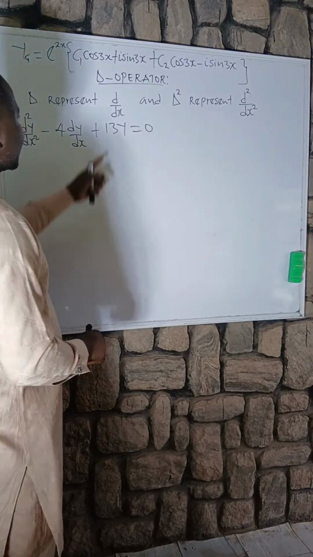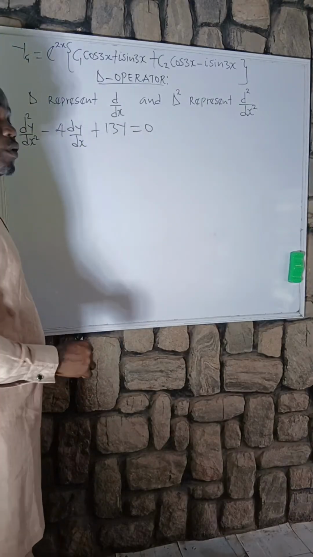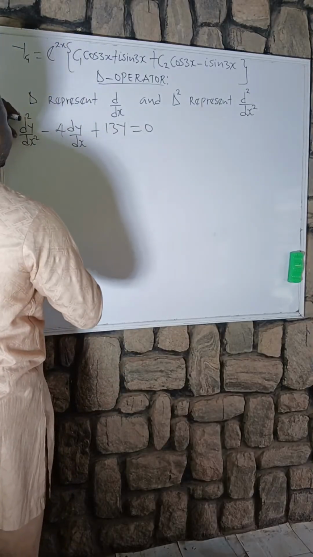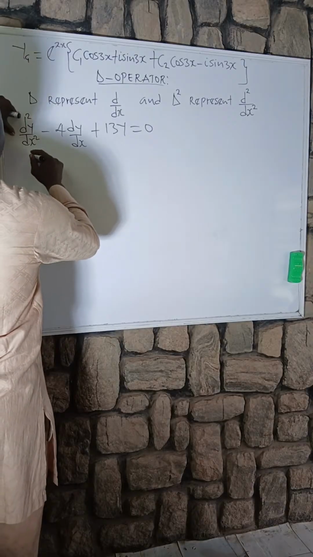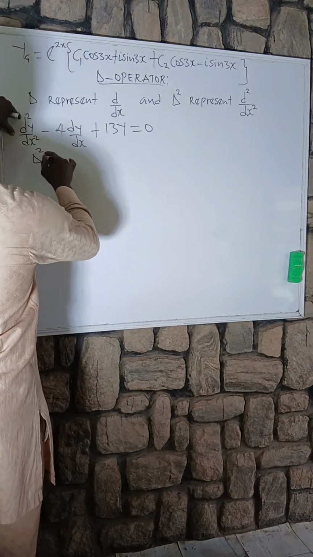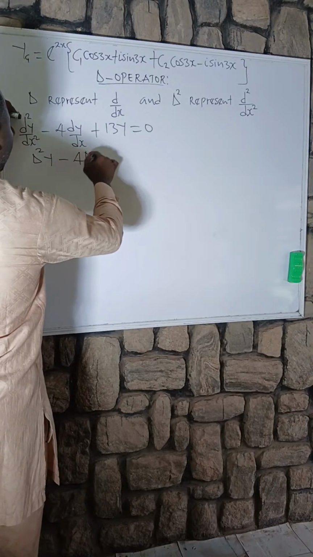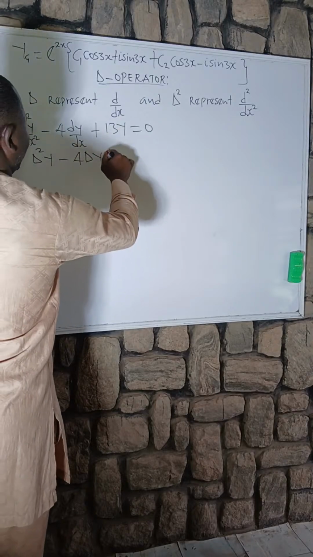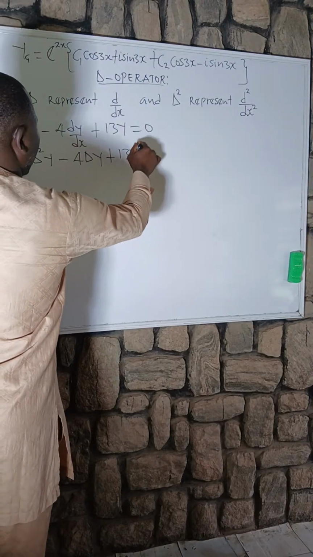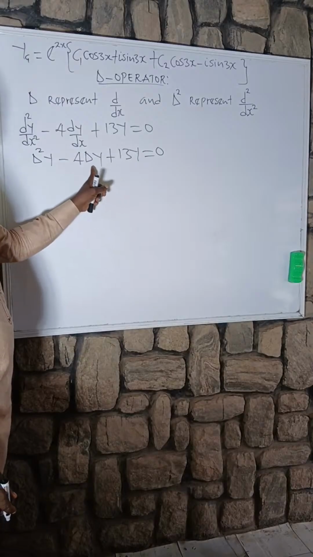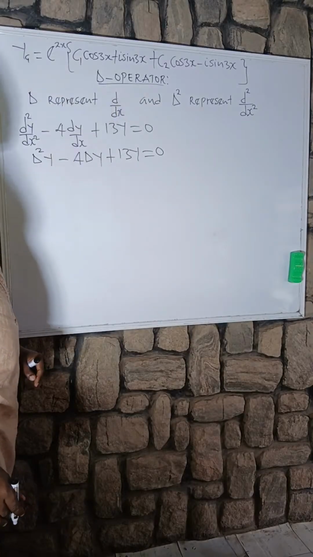So with what I have explained so far, it means here we are going to have D squared y, then minus 4 Dy, then plus 13y equals to 0. Because they said use D operator.